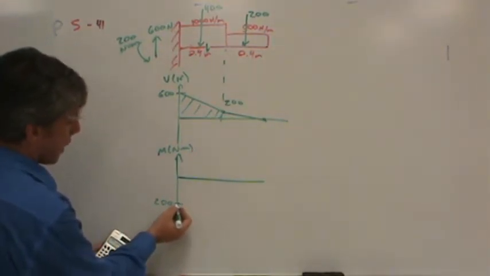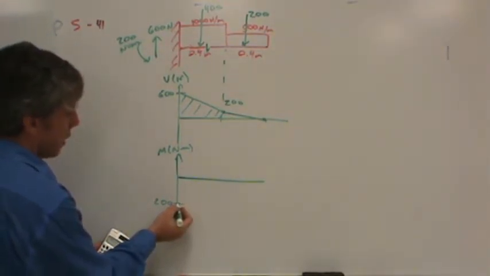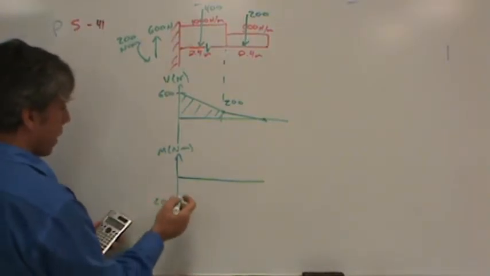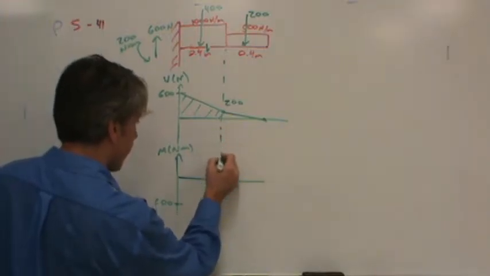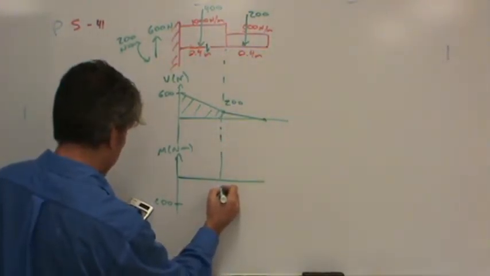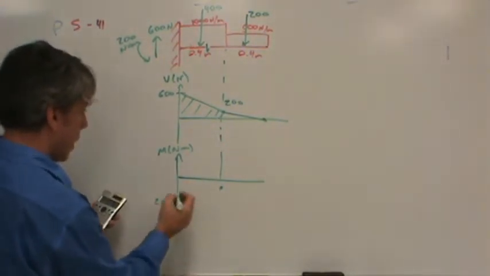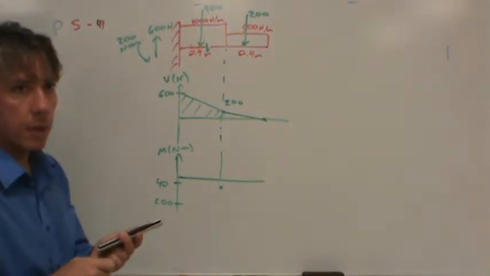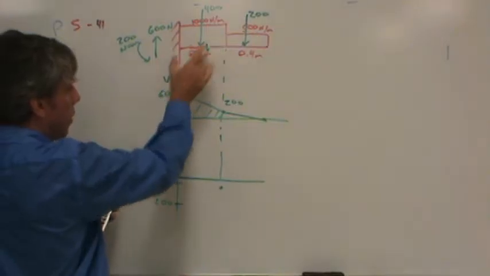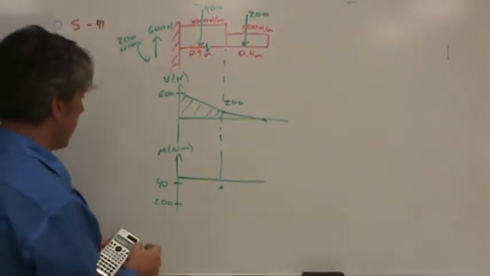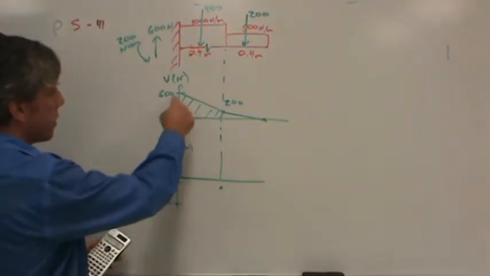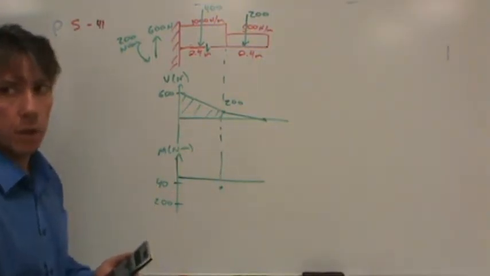Well, that's not going to provide enough to resist all 200 Newton meters that the wall is applying. Okay? So we'll end up about here at 40 Newton meters. Does that make sense? Because the distributed load is only providing a change of 160. Remember, this area here is just change, right?